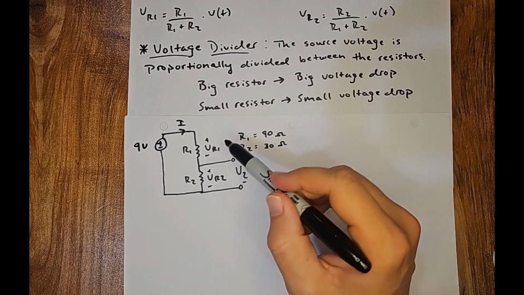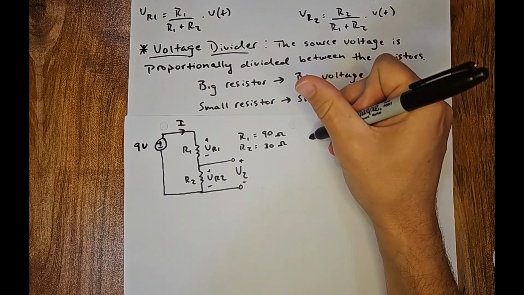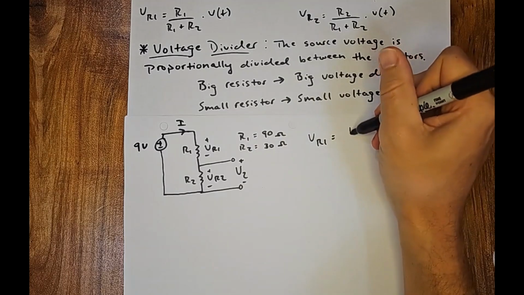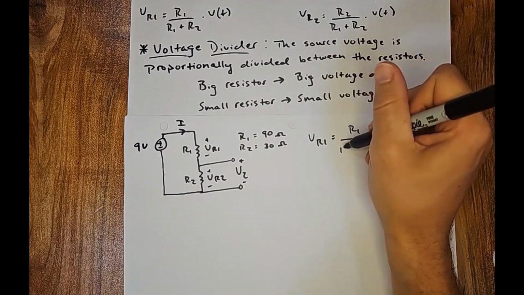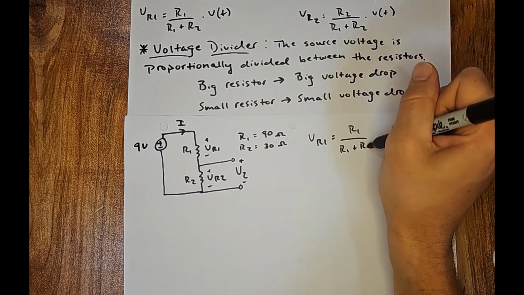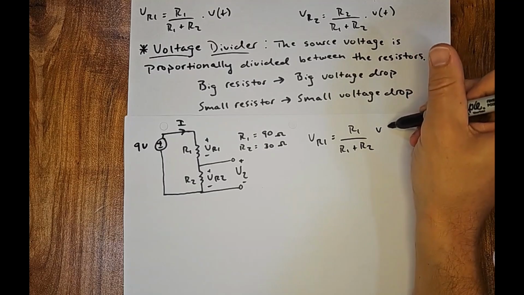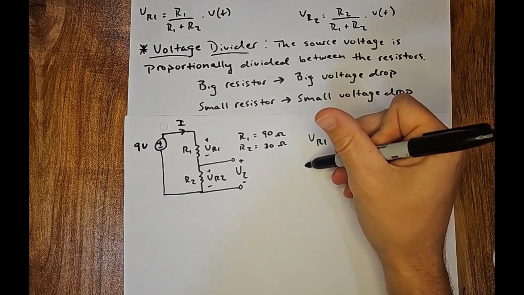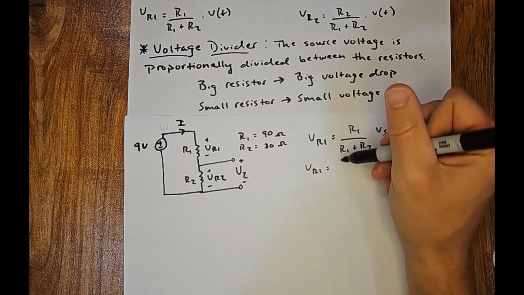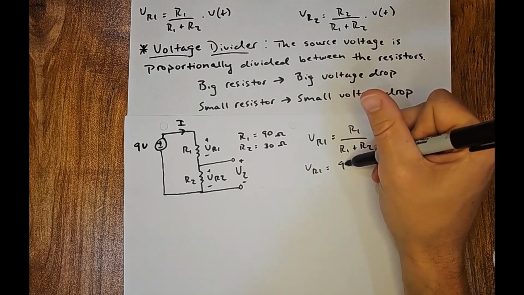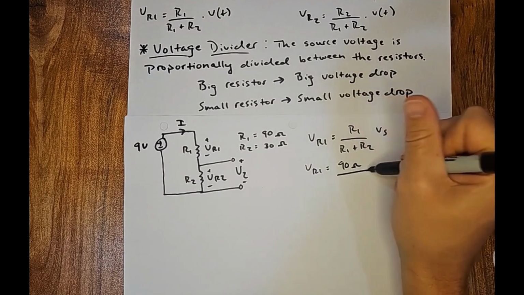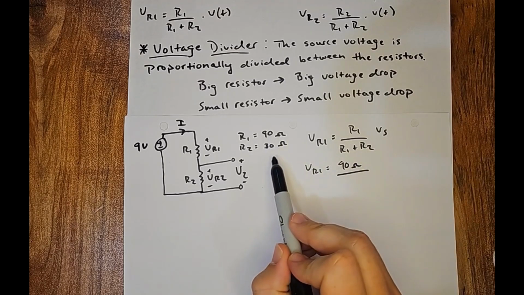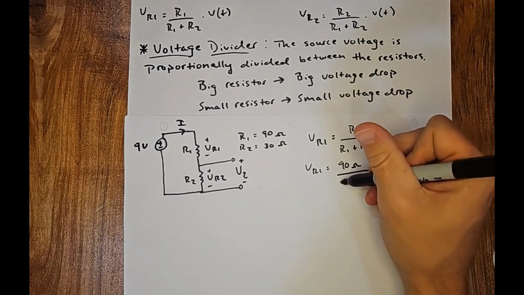All right, so first let's solve for VR1. VR1 is going to equal whatever R1 is over R1 plus R2 times our voltage source. So VR1 is going to equal 90 ohms over R1 plus R2, that's 30 plus 90, which is 120.